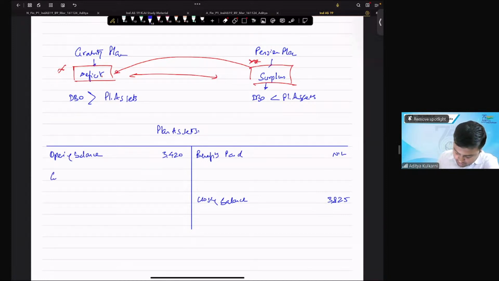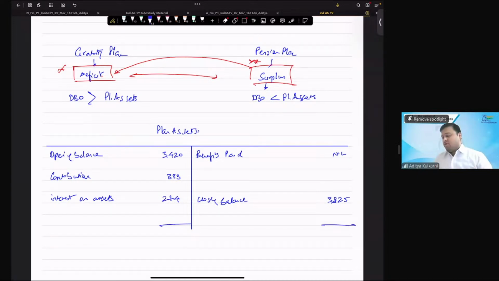Contribution increases the assets 333. Interest on assets is 274. Now do the balancing figure.